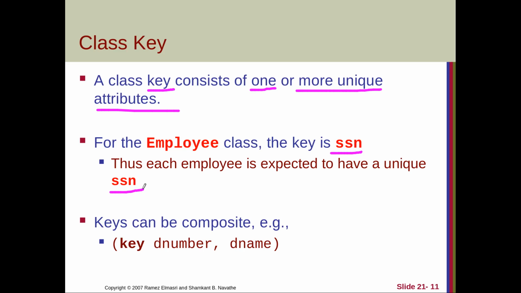Similar to a primary key, we can have only a unique value for the key attribute. Now the key can be composite also. We can have more than one attribute combined together to form a key, like a primary key with more than one attribute. Similarly, here also it is possible. For example, a key (dnumber, dname). These two together will form a key for that particular class.